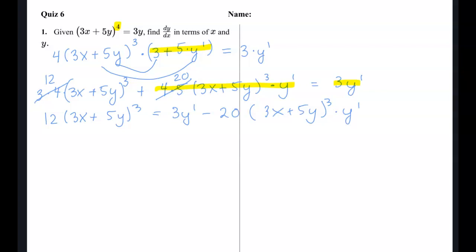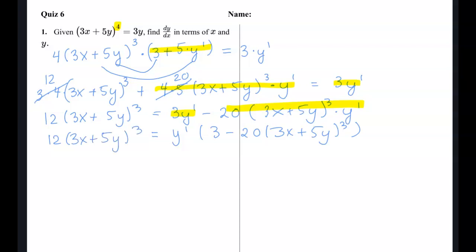Next step is to factor out the y prime. So we have a y prime again over here and over here. So we're going to factor out a y prime, and we're left with 3 minus 20 times 3x plus 5y to the third power, and everything we had before on the left.